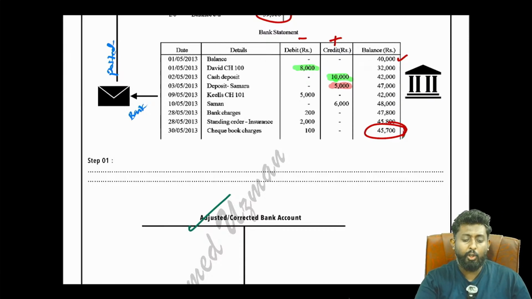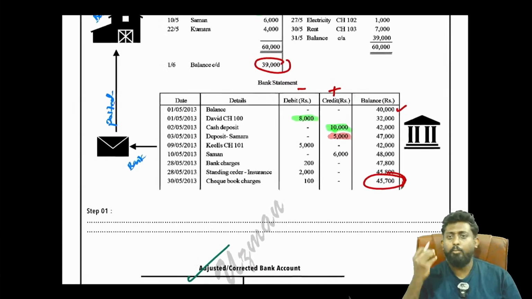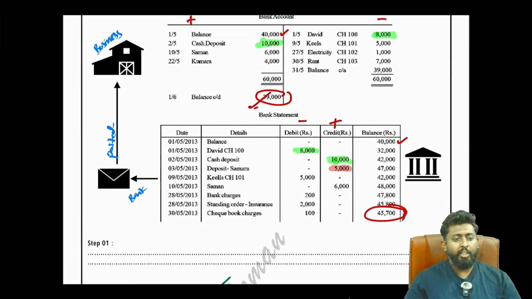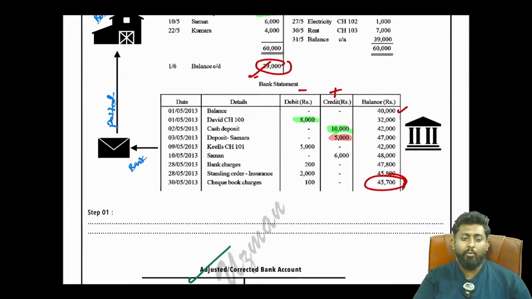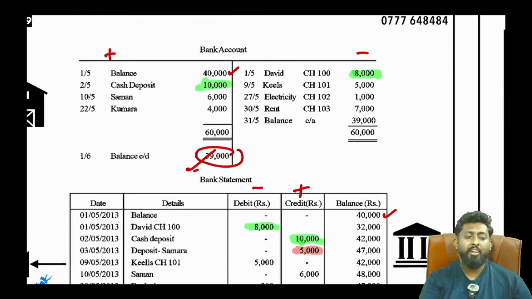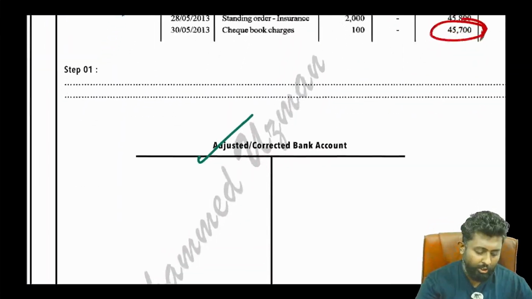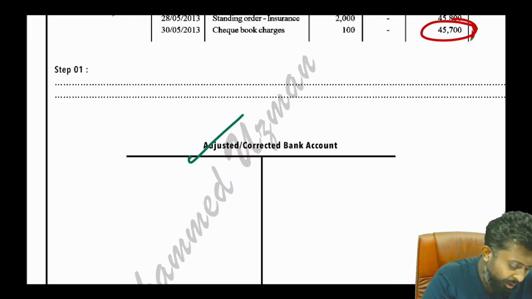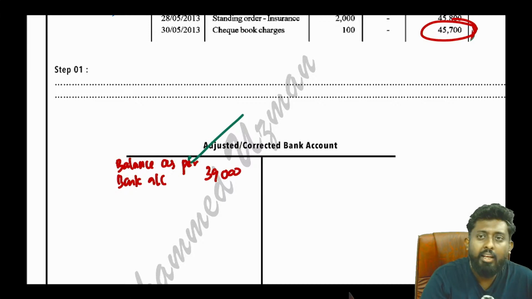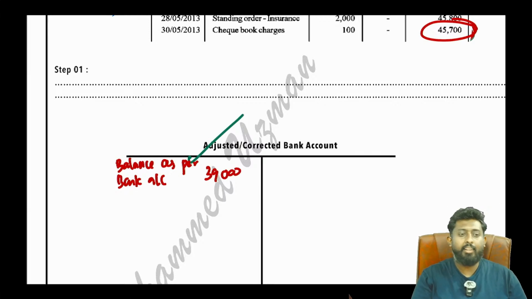So when you are preparing this adjusted or corrected bank account, understand the meaning. What balance are we going to adjust? This 39,000. Why? Because this 39,000 has omitted certain things. In this case it has not recorded that 5,000. So we start the adjusted bank account with the balance as per bank account 39,000, and Putha, we have to add that direct deposit.